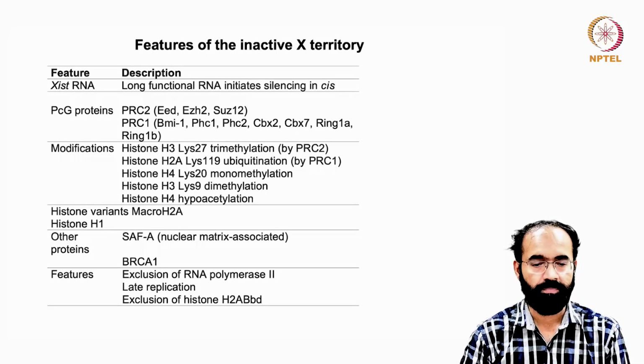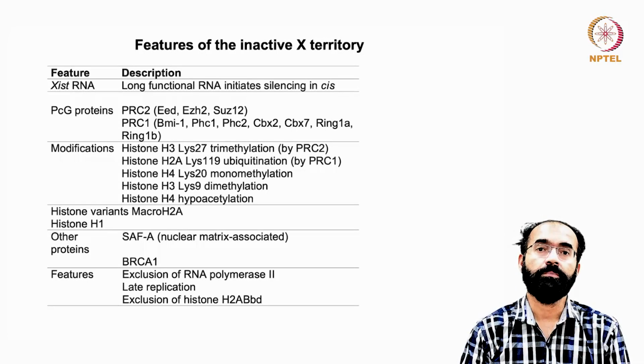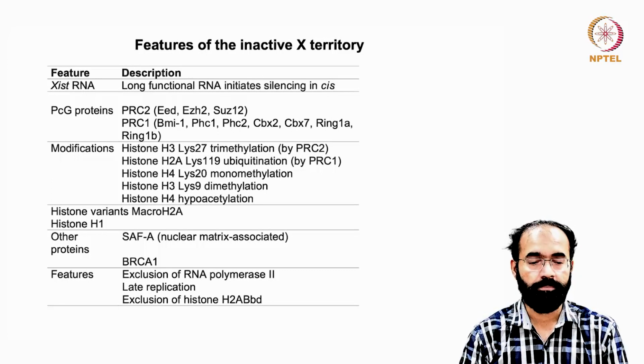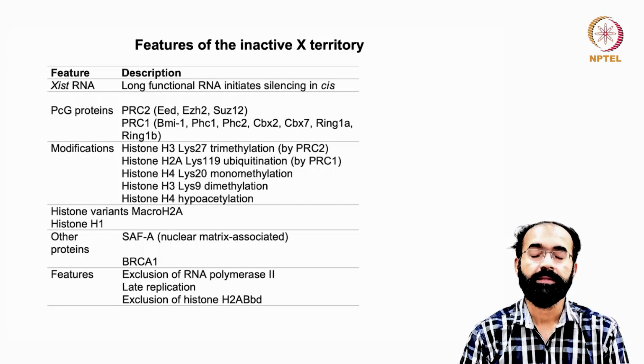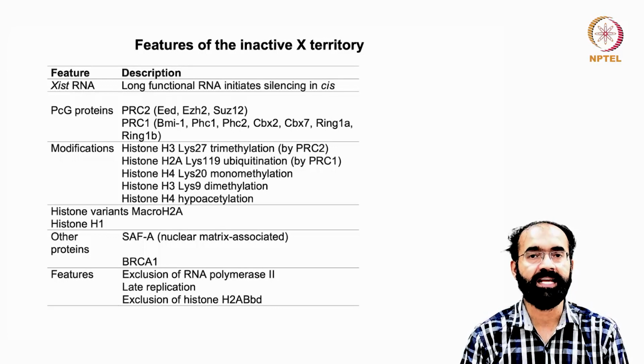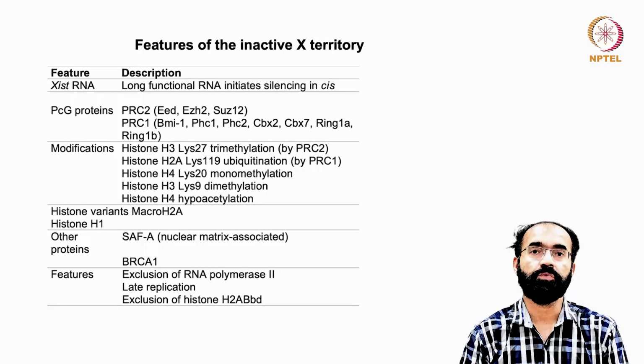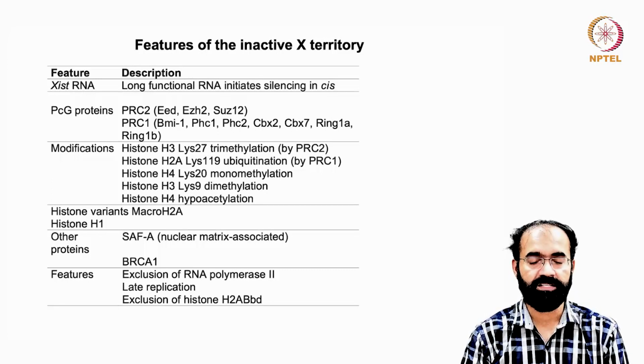Then comes the polycomb group proteins. They are called PcG proteins. What are they? They are mainly of two types, PRC2 and PRC1. PRC2 is polycomb repressive complex 2. PRC1 is polycomb repressive complex 1. PRC2 contains proteins such as EED, EZH2, SUZ12, etc. Many components are there, and EZH2 is the catalytic component, the catalytic molecule.